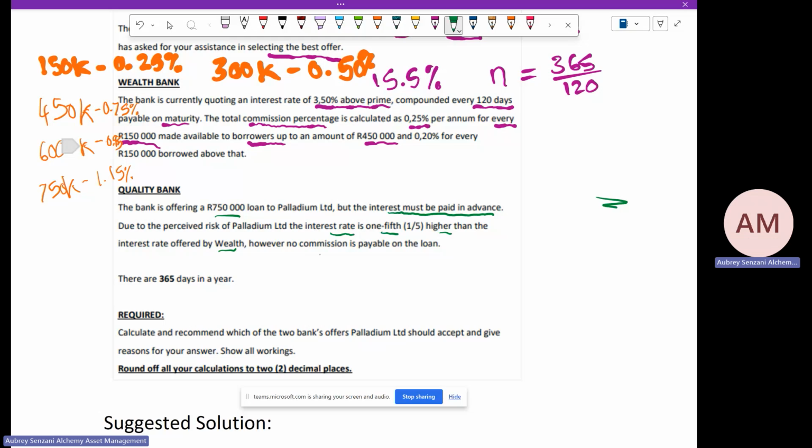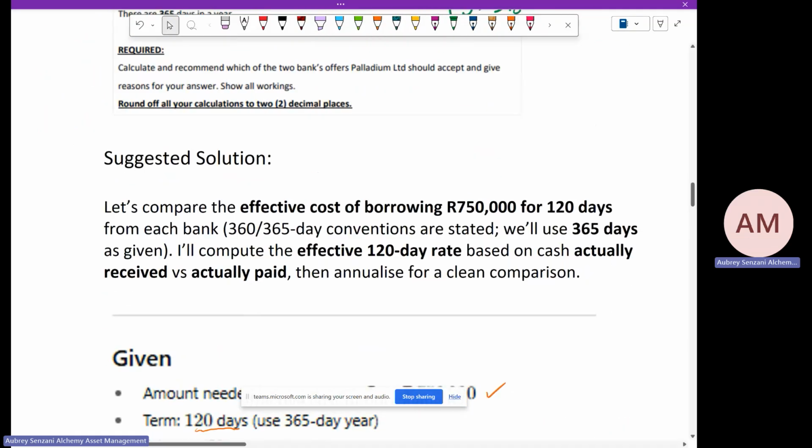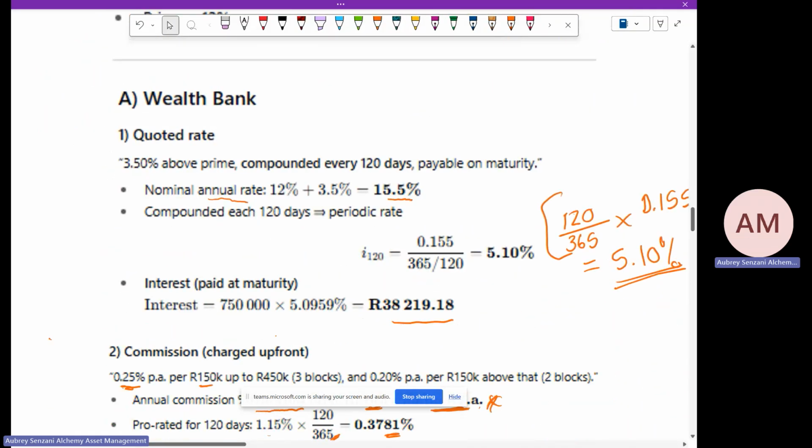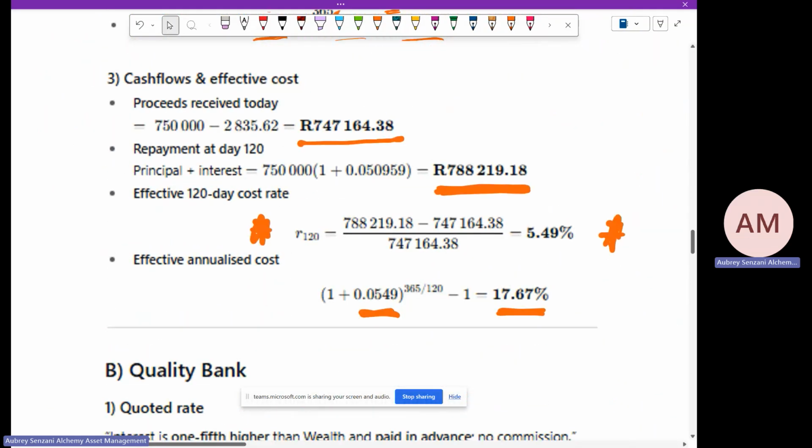However, no commission is payable on the loan. So we know that Wealth Bank was 15.5. Let's see what we are doing for Quality Bank.